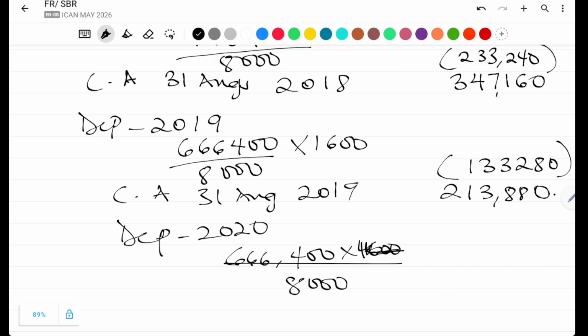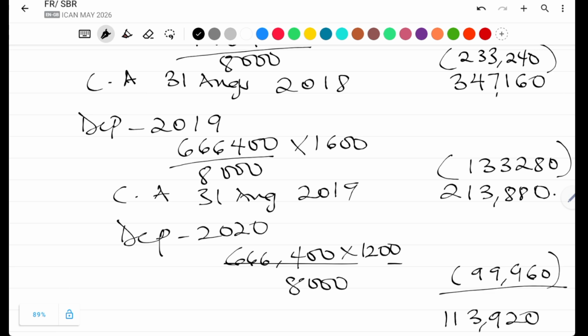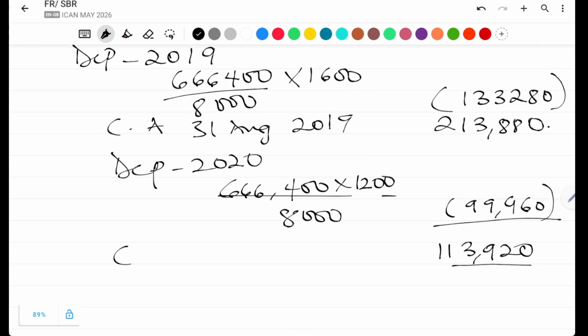Don't want 16 already. It's 12. Okay. You multiply that together, you have 99,960. Take that away from that, you have 113,920, which is the carrying amount 31st August 2020. Okay, so that is clear.